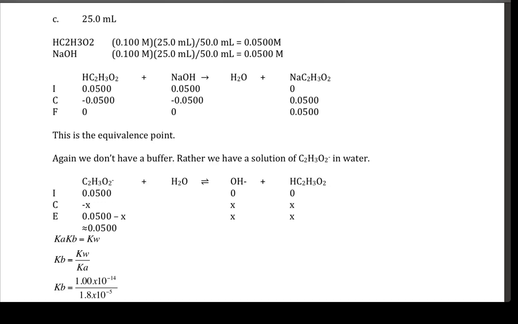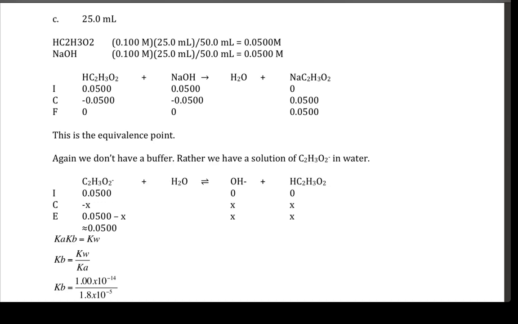We have to get the reaction correct. That's probably the toughest part of these equilibrium reactions, is what is the reaction? Well, we have to think about what's in our flask and what it interacts with. What's in our flask? C2H3O2 minus, or we could call that A minus.